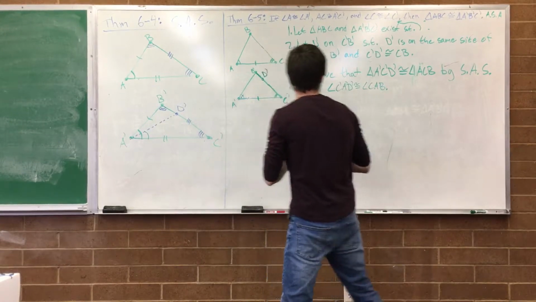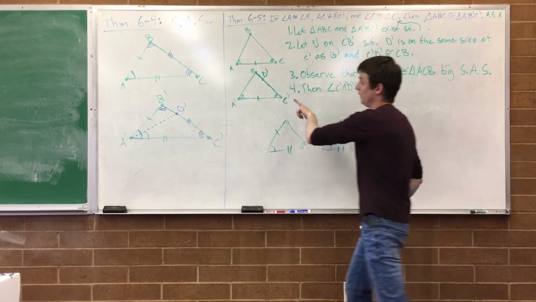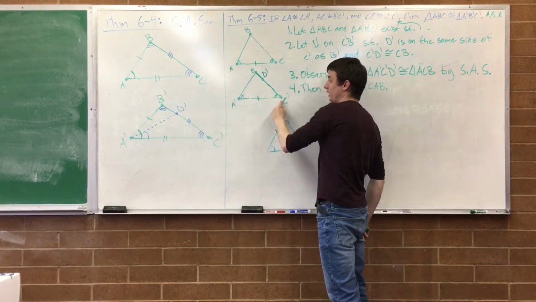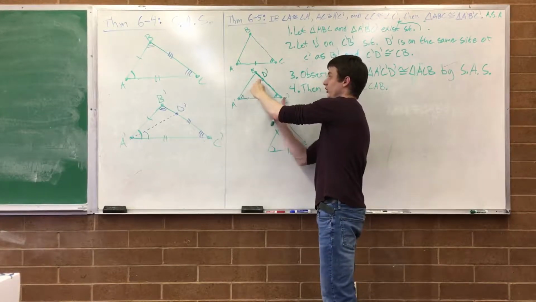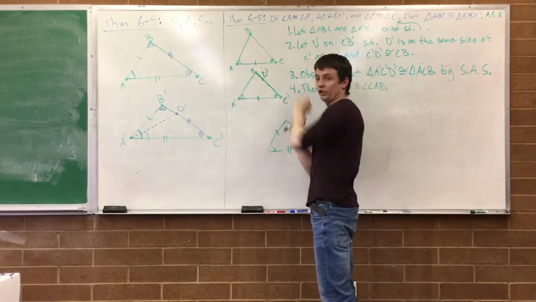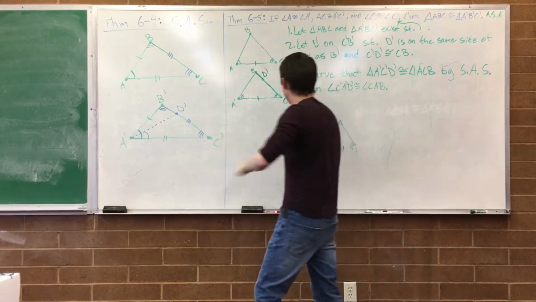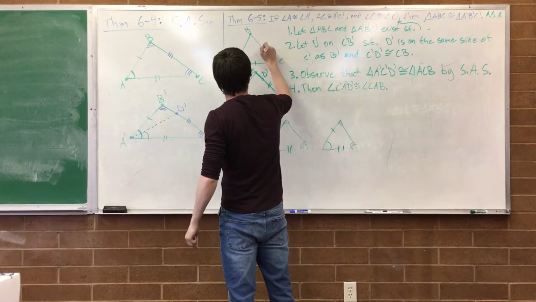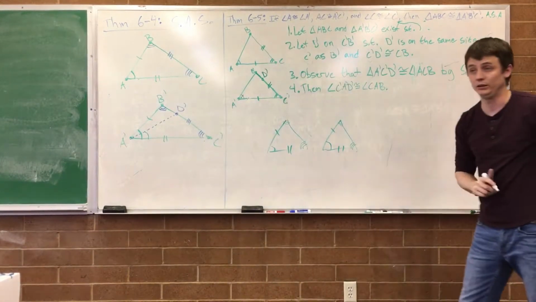Okay. So I picked D prime to be on the same side of C prime as B prime, such that C prime D prime is congruent to CB. And that's using our existence postulate with line segments.